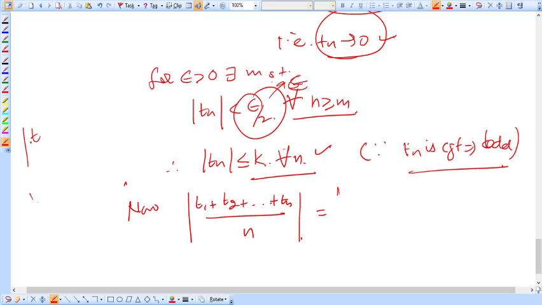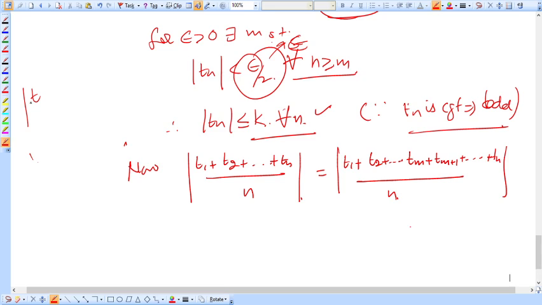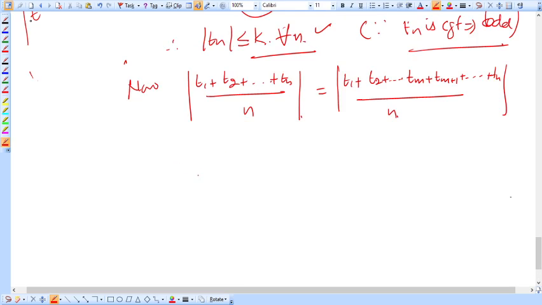It could be written equal to t1 plus t2 up to so on, in between m will also come, because m is less than n, so tm plus 1 up to so on plus tn divided by n.